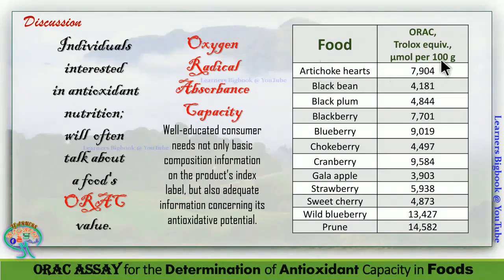At a weight of 100 grams, they have an ORAC value of 7904, where the ORAC value is equivalent to Trolox equivalent micromoles. So this is the antioxidant capacity of the artichoke. Now further, black bean has this ORAC value, blackberry has this one.